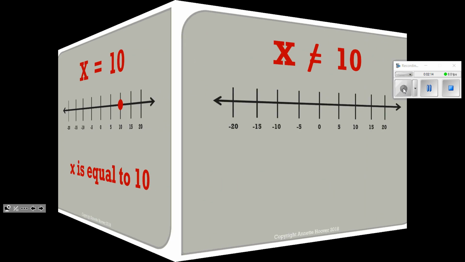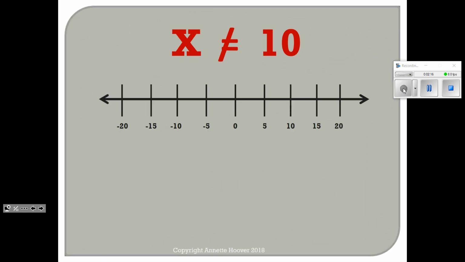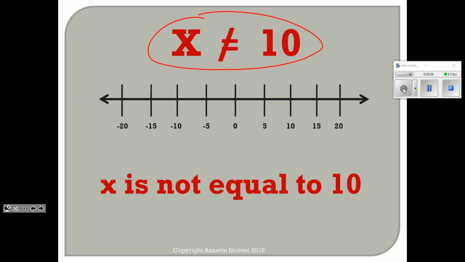But what if we have this one? How do you read this up here? It reads x is not equal to 10. So if x is not equal to 10, then what is x equal to? That means that x would be equal to every other number except 10.